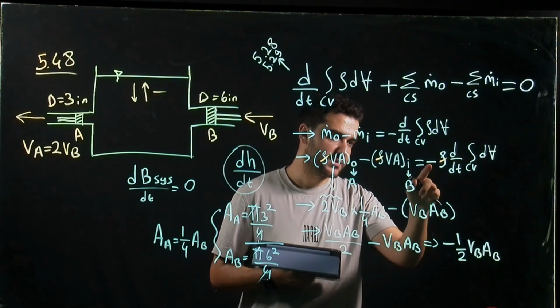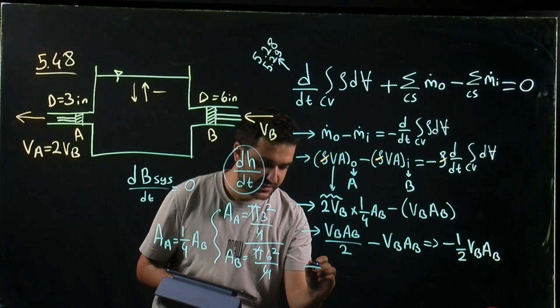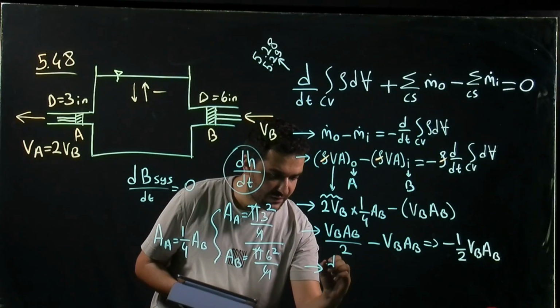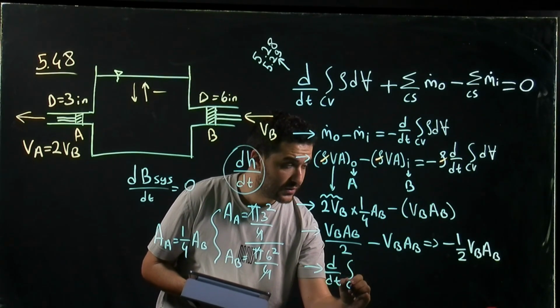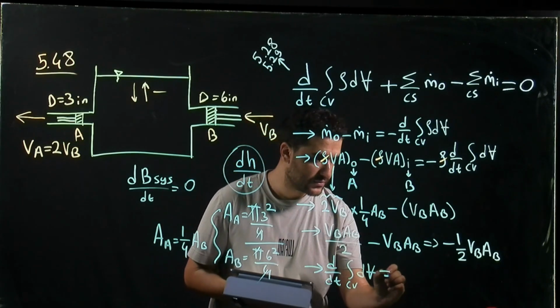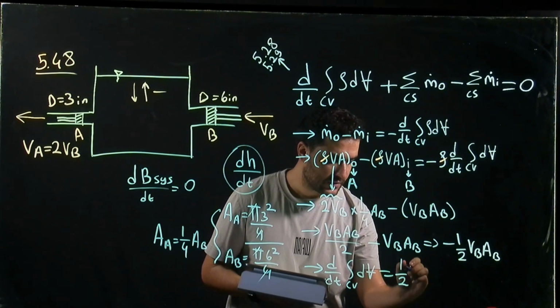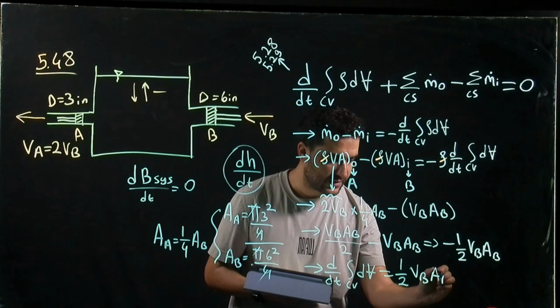Both of them are in negative sign, so we can just replace their places. So we will have d over dt volume is equal to 1/2 of VB and AB.